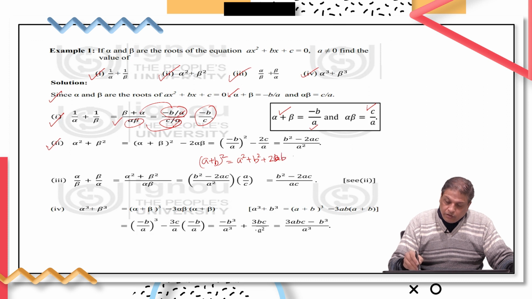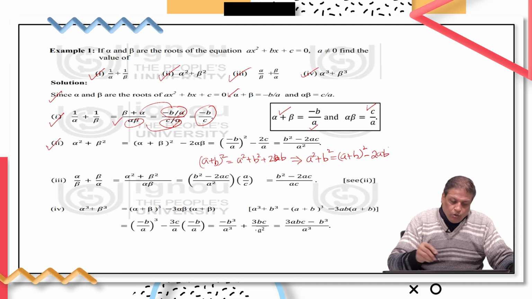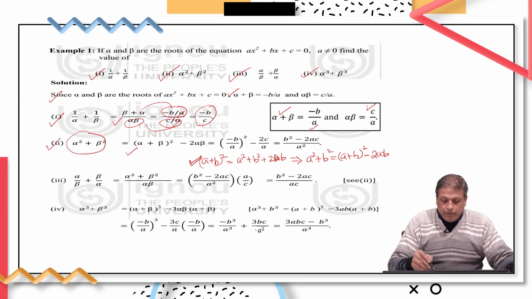This implies a square plus b square is equal to a plus b whole square minus 2ab. Using this identity, you can say alpha plus beta whole square minus 2 alpha beta. And you know that alpha plus beta is minus b by a, and alpha beta is c by a.